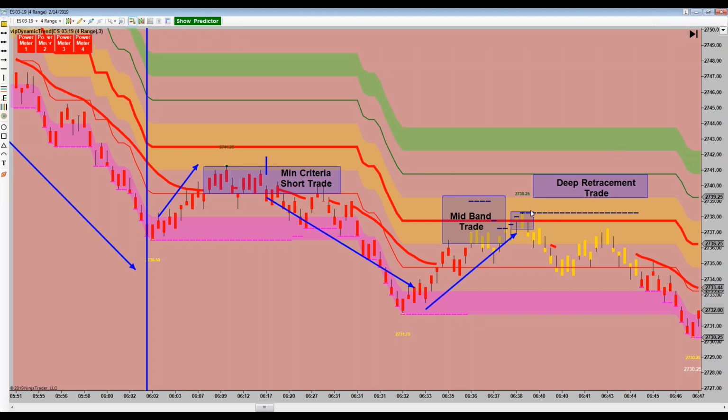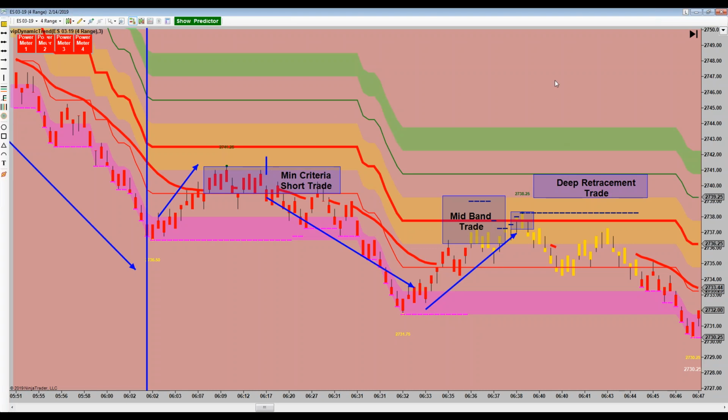Now that you know what they are, the question is this: do you need to take all of these trades when they set up? When a minimum criteria trade sets up, should you take it? Should a mid-band trade come in, should you take it? A deep retracement trade, should you take all of these trades when they set up on a chart that you're trading?